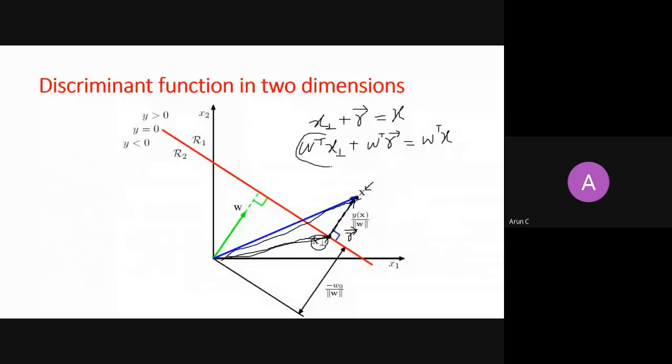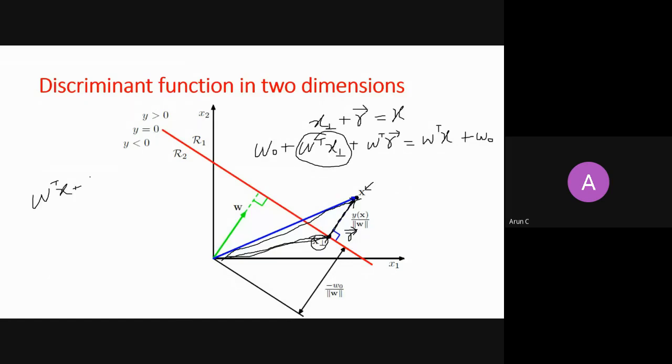Then what will this equate to? 0, right? Because it is on a hyperplane. So you add W0 also on both sides. You add W0 on both sides. And you remember the equation of a hyperplane was W transpose X plus W naught.